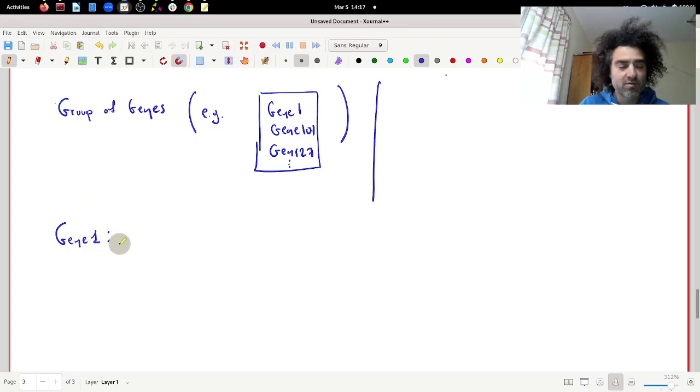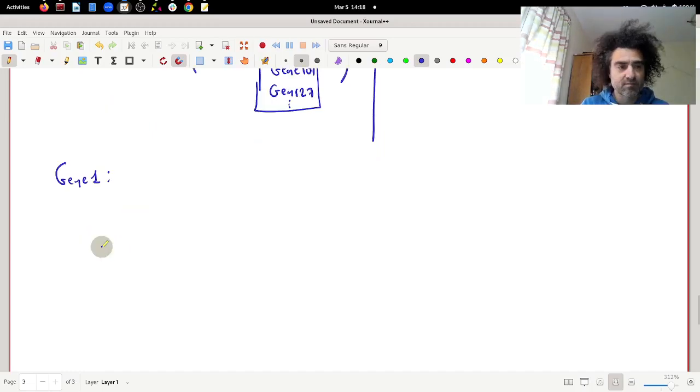For example, gene 1 might be linked to the following terms: response to biotic stimuli, so this gene is activated when there is some biotic triggering.